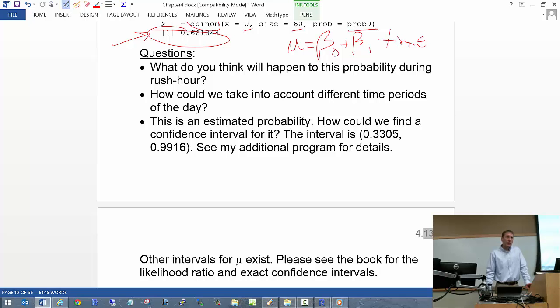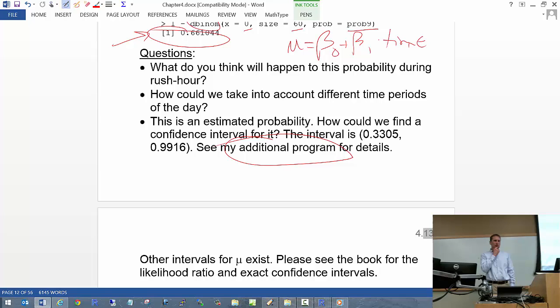You're not responsible for it, but I actually did that. I have an additional program called Stoplight additional.r that you can download from my website. It shows the details of how to do that using a function in R called deltaMethod. The interval ends up being 0.33 to 0.99. So it is quite wide.